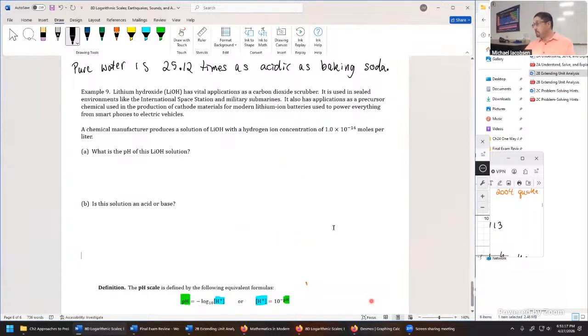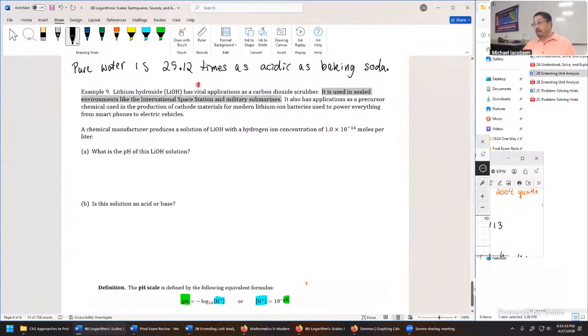So now this one is about lithium hydroxide. This is one of those chemicals that seems to be vital for just our modern existence in the year 2026. It has sensible applications such as carbon dioxide scrubbers. It's used in sealed environments like the International Space Station and military submarines. I believe this was used for the Apollo mission to the moon.